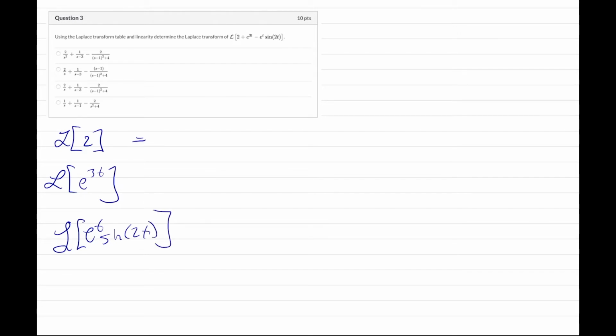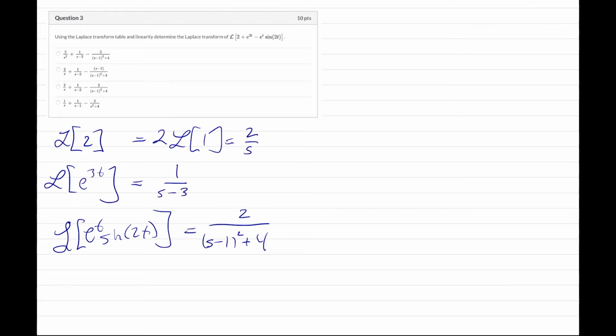Laplace transform of 2 is 2 times the Laplace transform of 1, and that is 2 over s. Laplace transform of e to the 3t is 1 over s minus a, or 1 over s minus 3. Laplace transform of this guy is going to be the Laplace transform of sine, which would give me 2 over s squared plus 4, and then we're shifting it by 1, so it's s minus 1.